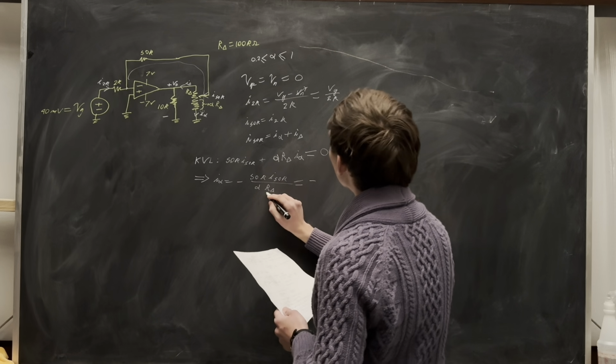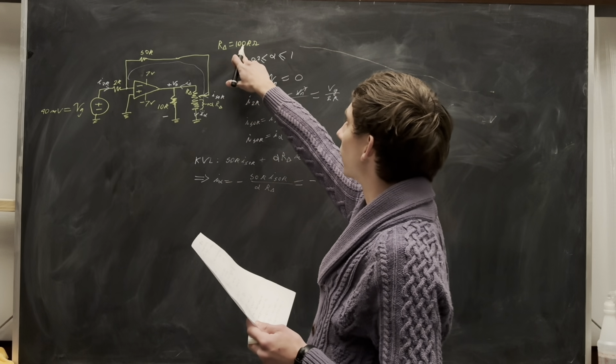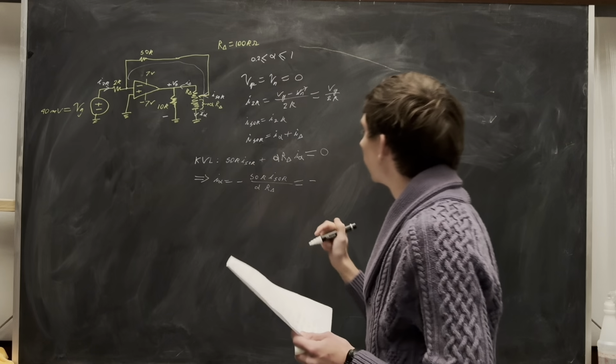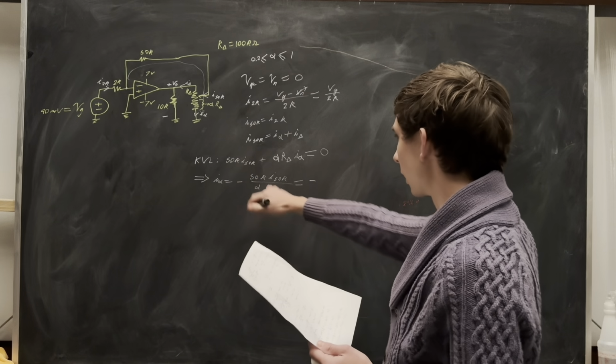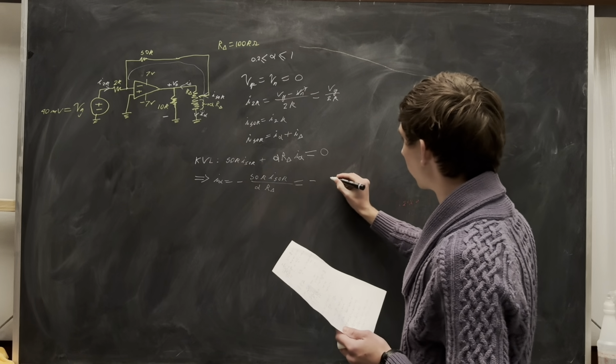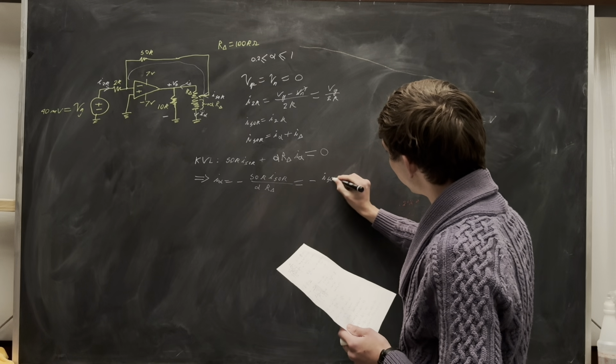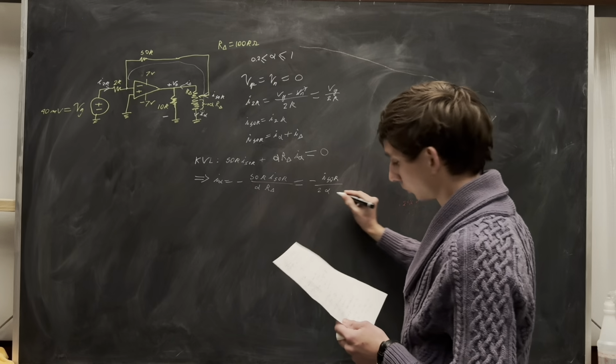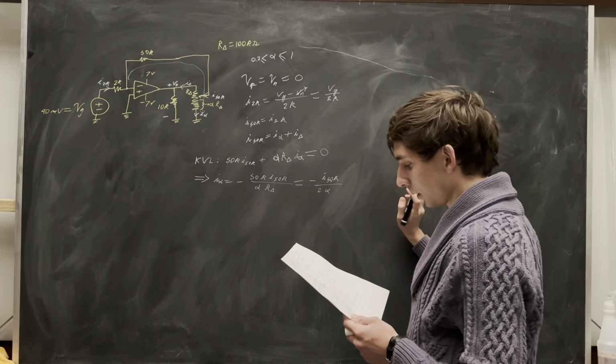Let's see, R delta is 100K. That's just the total value of this potentiometer. So we can cancel out with this 50K, just get 2 in the denominator. 50K over 2 alpha. Perfect.